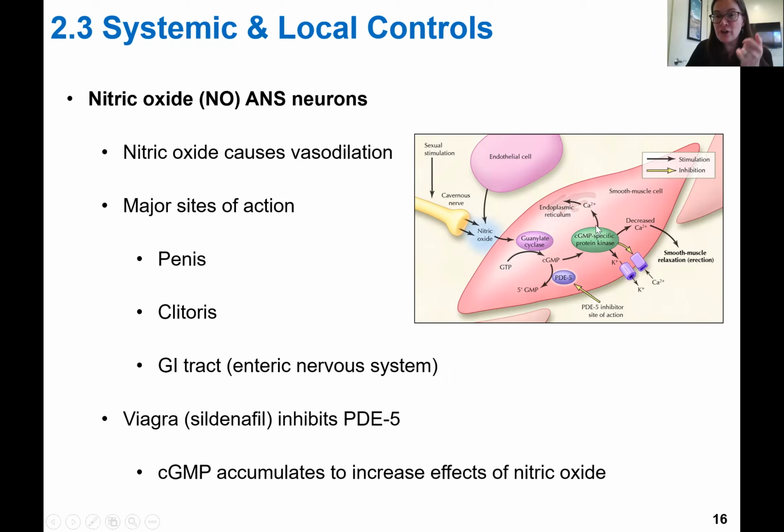As it's phosphorylating things, it causes the pumps in the endoplasmic reticulum to bring more calcium in and sequester it. It causes the pumps on the plasma membrane to do more pumping and get calcium out of the cytosol. So again, we're taking calcium out in two ways, sequestering it in the endoplasmic reticulum and kicking it out.